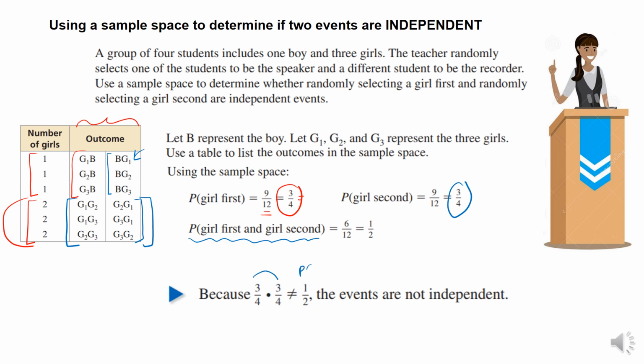This is the P of A and B. And this is the probability of A times the probability of B. And these have to be equal for it to be independent events. And since they are not equal, the product equals 9 over 16, which does not equal 1/2. The events are not independent. Okay, so that's one way to use that formula.